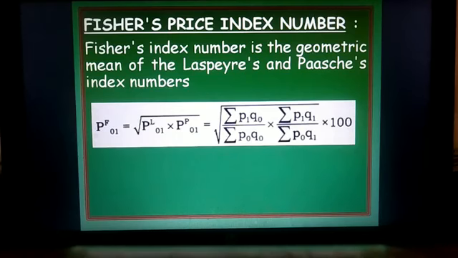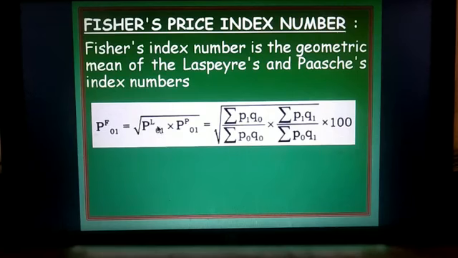It is the square root of AB. That means we know already the geometric mean is the nth root of the multiplication of the observations. So here only two observations are present. Observations are nothing but Laspeyres' index number and Paasche's index number. That's why it is the square root. Nothing has been written here, means it is 2. That means it is the square root.